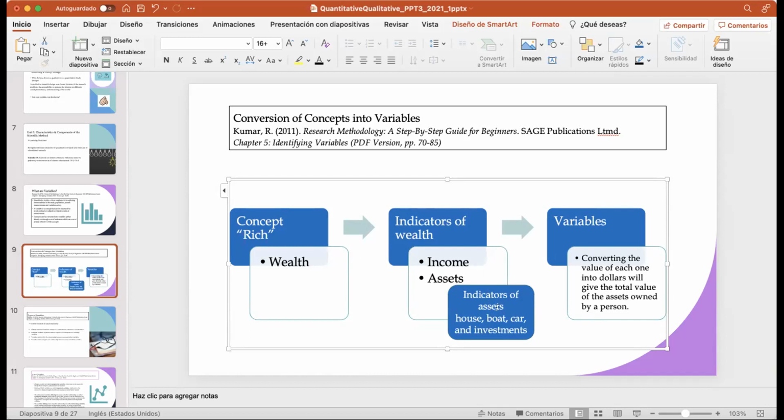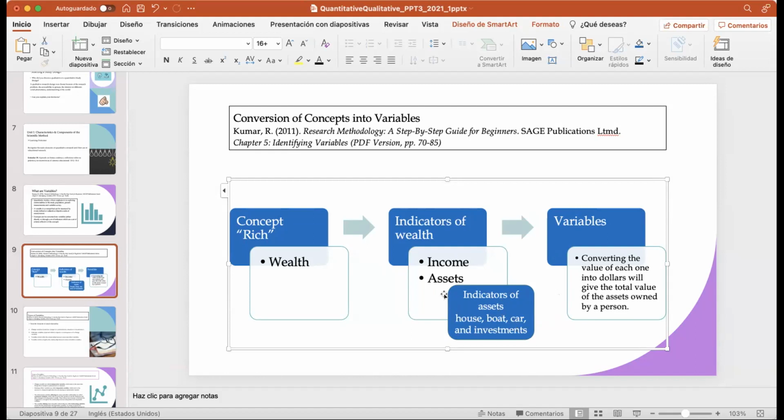And therefore, after I have all of these indicators, I can go to variables. So when I convert the value of each of these assets into dollars, then I have the value of the assets. I can measure. Finally, I can measure the amount, the value, yes, that a person owns.